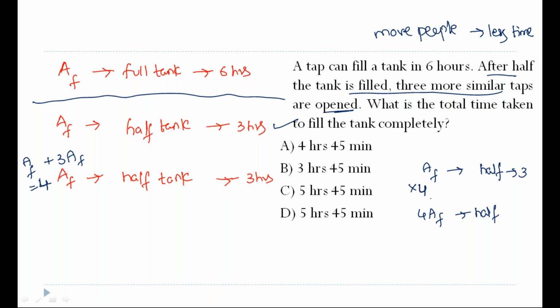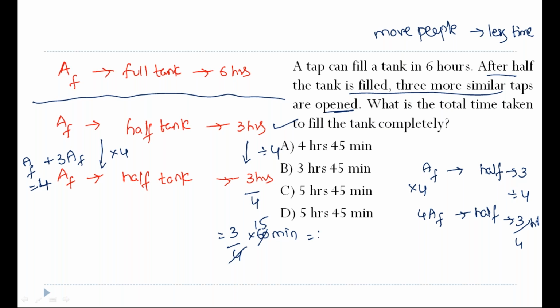As this is inversely proportional, we should divide by 4. So it is 3 by 4 of an hour. I'm dividing by 4 because here it is 1 tap and there 4 taps. If more taps, time should be less. 3 by 4 of an hour, with an hour being 60 minutes, is 45 minutes, right?